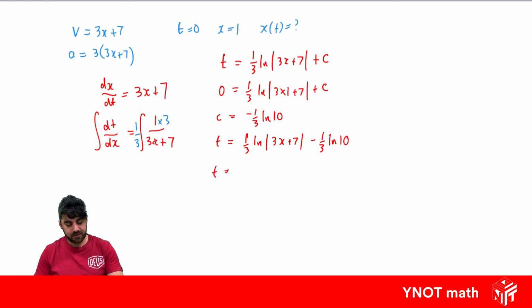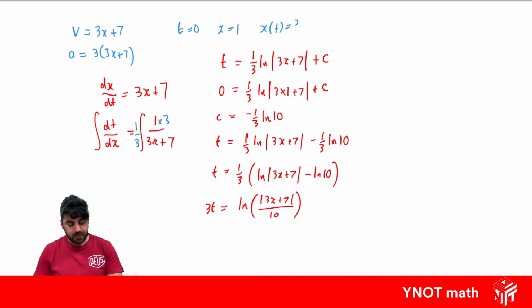We can factorize out the third, so we get a third outside of the natural log of the absolute value of 3x plus 7 minus natural log of 10. Let's go ahead and times both sides by 3, so we get 3t, and then we have log of something minus log of something with the same base, so we can bring them together. So it's going to be the natural log of the absolute value of 3x plus 7 all over 10.